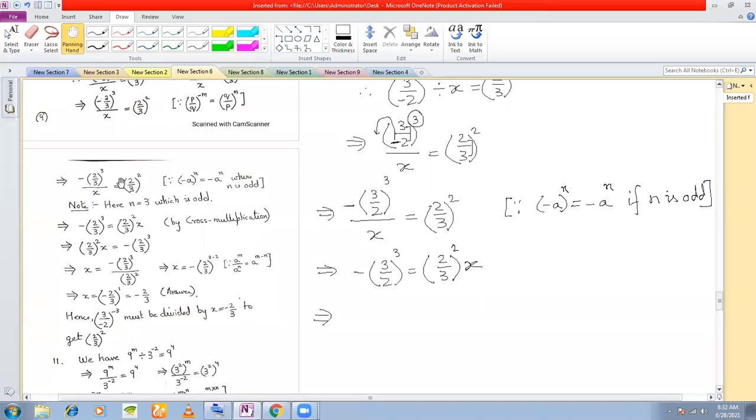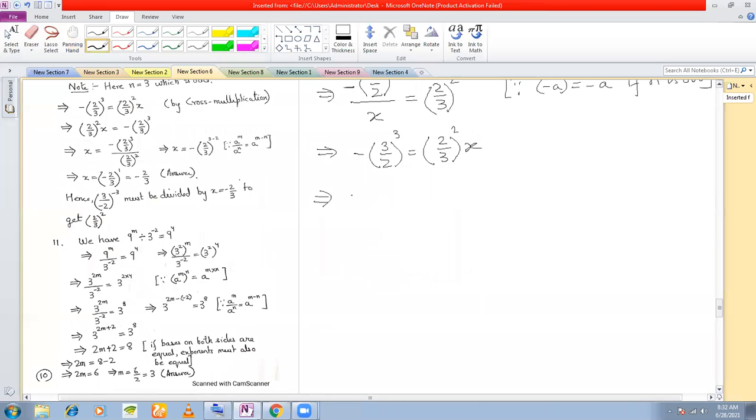That means x is equal to -(3/2)^3 divided by (2/3)^2, if I divide both sides by (2/3)^2.